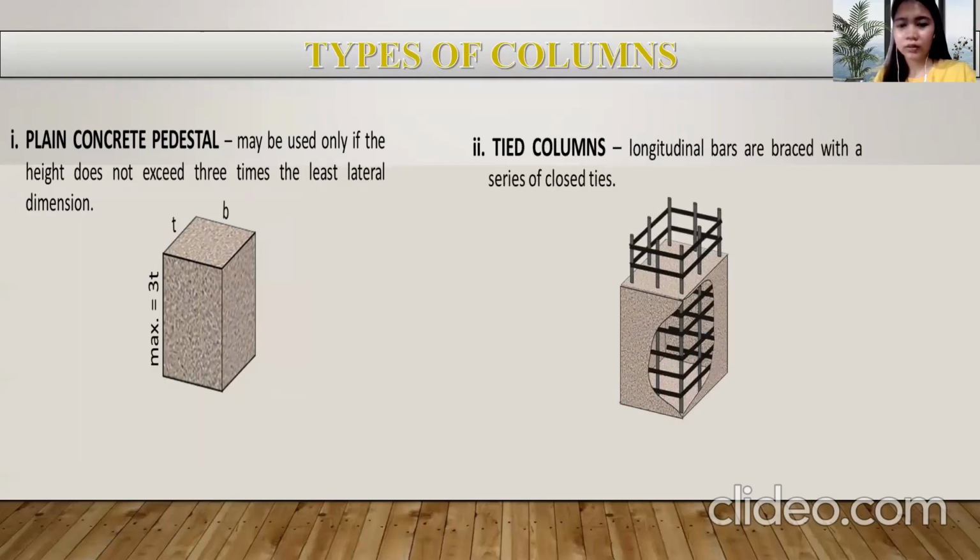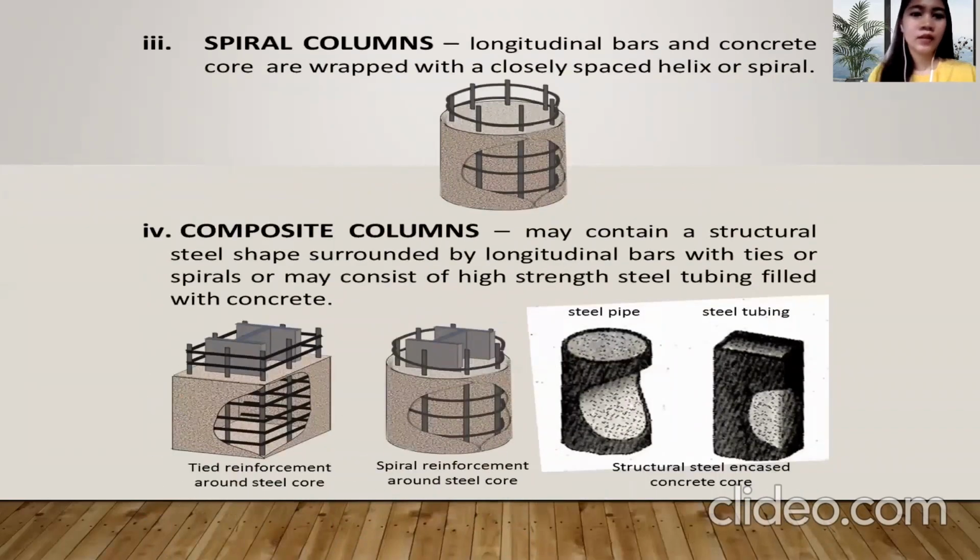Ayan na nga, yung next is yung tied columns. The longitudinal bars are braced with a series of closed ties. Since transverse reinforcement ang ties niya, pwede siyang rectangular or square columns. Next ay yung spiral columns.